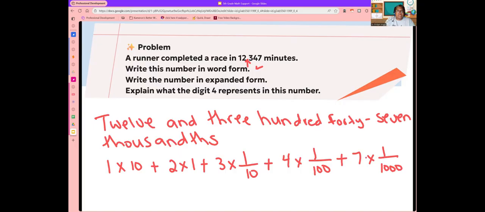So now we have written this in expanded form, because if we were to work this out, it would give us the same number. And that's what we want. We want to be able to get right back to our original number.